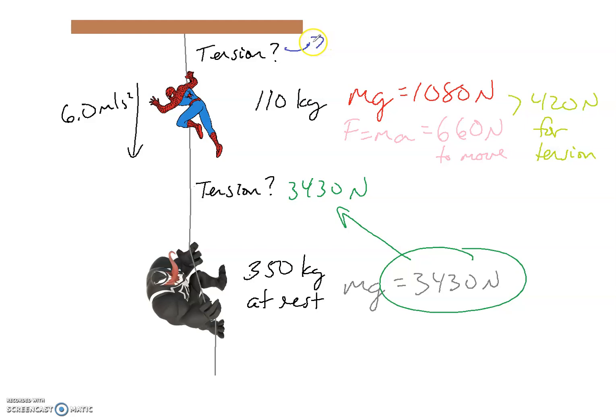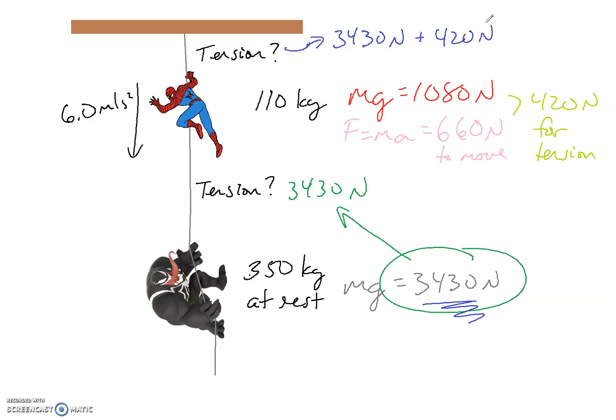First, the tension up there has to have 3,430 newtons just to support Venom. But it also has another 420 newtons because of Spider-Man. It's not his full weight because he's still sliding down, but 420 newtons is the remaining force Spider-Man applies to the rope.